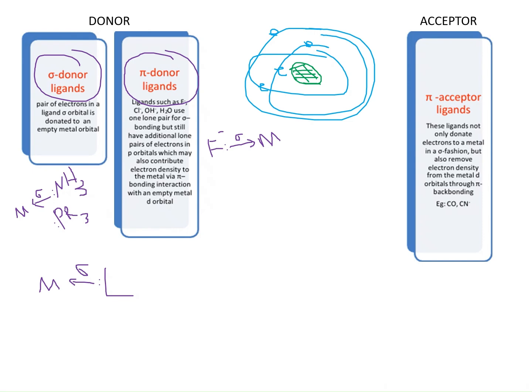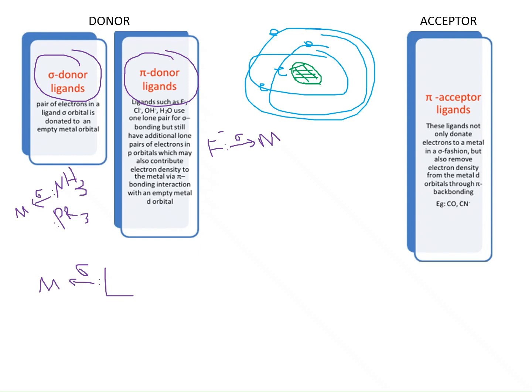So the concept of donating and accepting electrons depends on whether that species has a lot of electrons or fewer electrons. It's not always that the metal will become the electron acceptor, and it is not always that the non-metal ligands will become the electron donor.